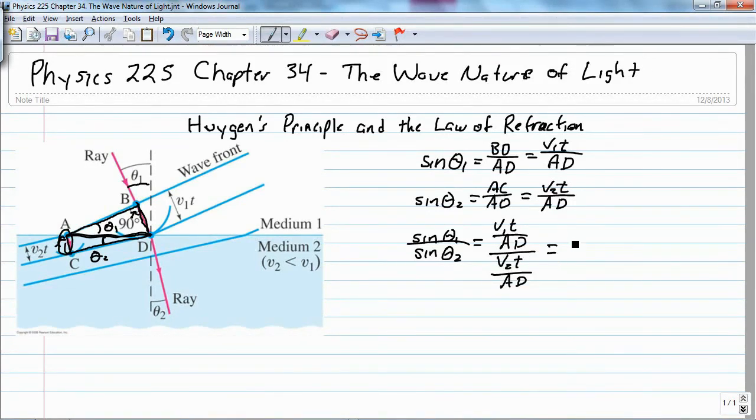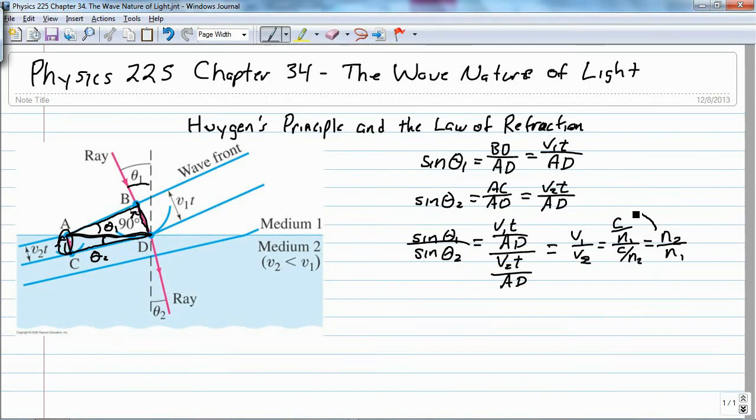And this just simplifies down to V1 over V2. But I know that the velocity compared to the speed of light in a medium, well, that's going to be C over N1 for velocity 1, and it's going to be C over N2 for velocity 2. And if I simplify that, I get N2 over N1.